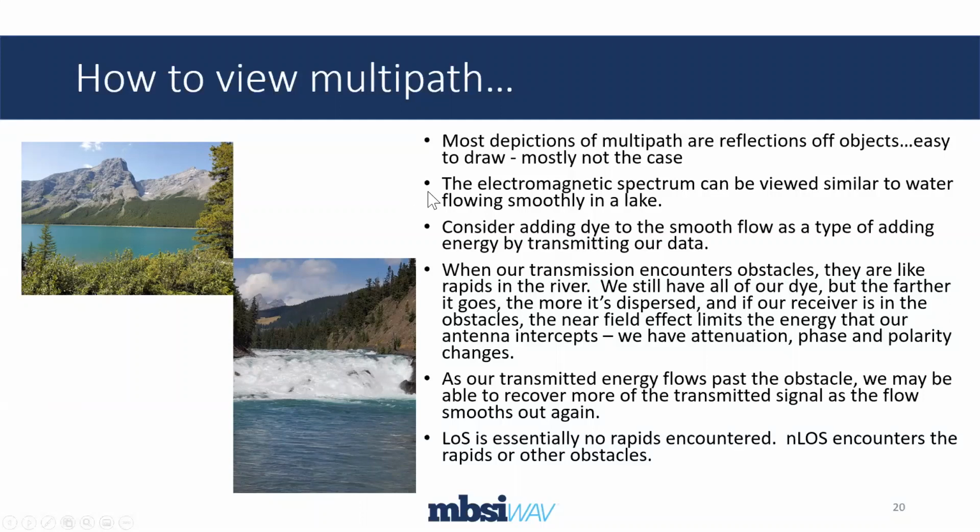So in my mind, we can view the electromagnetic spectrum similar to water flowing in a lake or smoothly on a river. If we consider our transmitter to be injecting dye into the water at a particular spot, the dye will flow downstream and disperse slightly as we're going along.